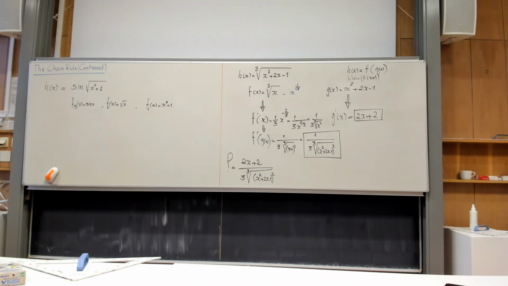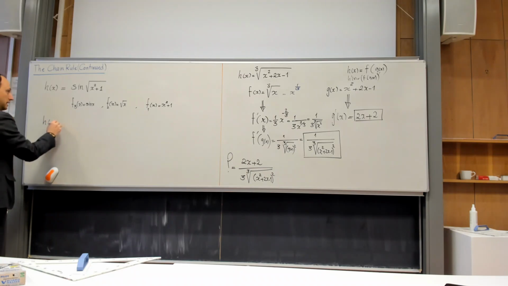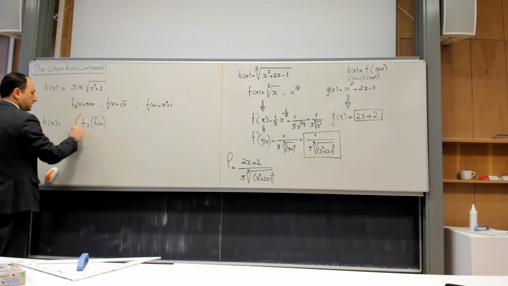But now the chain rule apparently works for two functions. So we immediately want to extend this from two functions to three functions, from three functions to four functions. Yes? So in principle, h of x is f1 of x, after that f2, after that f3.